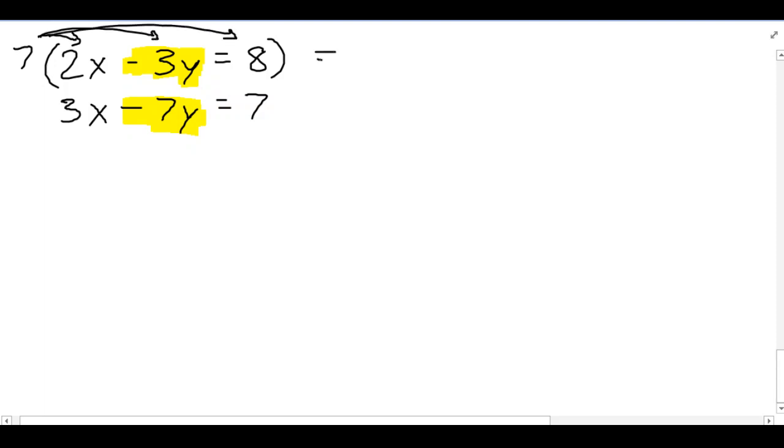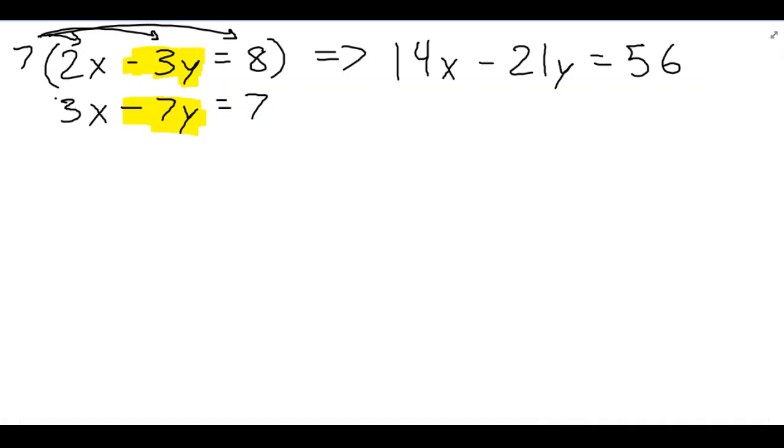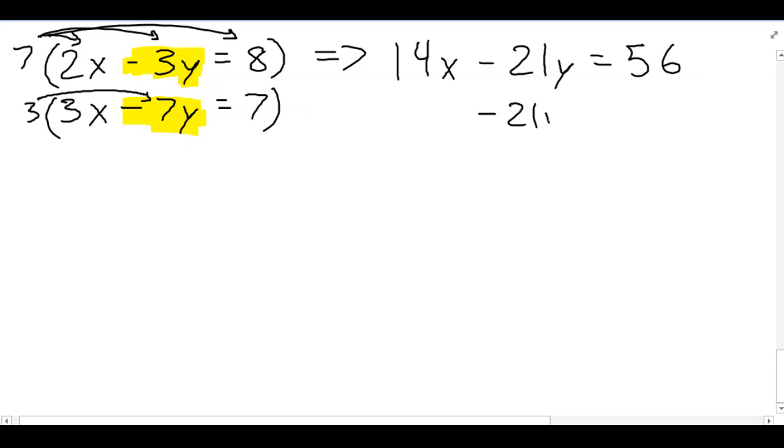And you end up getting 7 times 2 is 14x minus 7 times 3, which is 21y, equals 7 times 8, which is 56. Right? And in the bottom here, I want to multiply everything by 3, but you got to be careful with this right here. When you multiply this by 3 to this 7y, you're going to end up with another negative 21y.